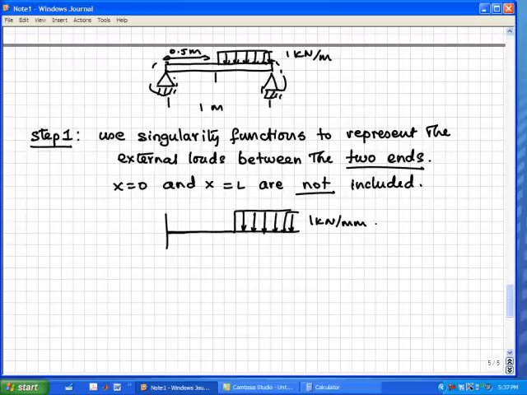Try your hand: what do you think is the singularity function for this? Pause it, try it, and then you can compare with what I write. I got Q of x equal to x minus 0.5 to the power 0 times 1 kilonewton per meter.